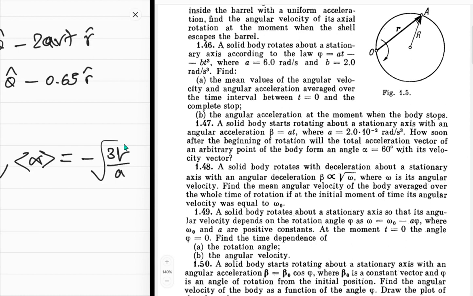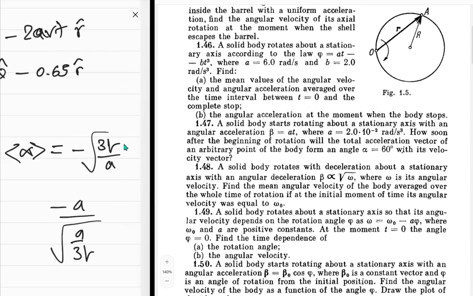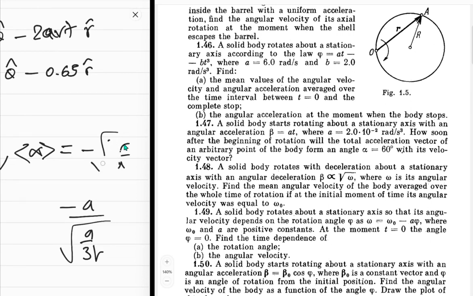I messed up somewhere, didn't I? Yeah. It's supposed to be negative a upon square root of a upon 3b. Oh, so it's supposed to be square root of 3ab. I knew I would mess up sometime soon. Yeah, it's like 3ab. Sorry, now it's correct.